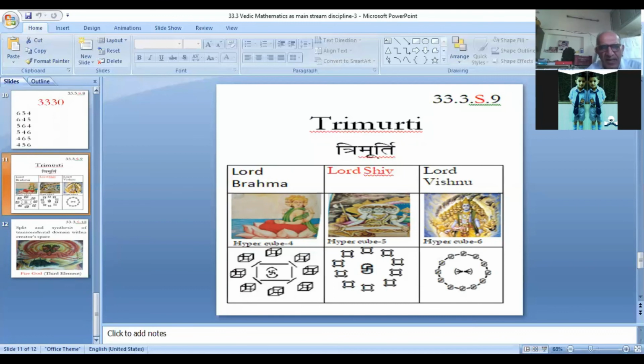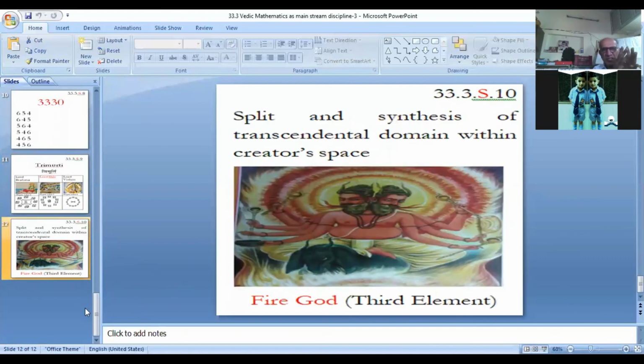Now, it is this organization format which will ultimately take us to the phenomenon of the transcendental domain, 5 space, which is of a solid order, splitting and synthesizing within creators of space. This split and synthesis phenomenon of a transcendental domain within creators of space is the phenomenon which manifests as fire god, the third element, the Agni Tattva.